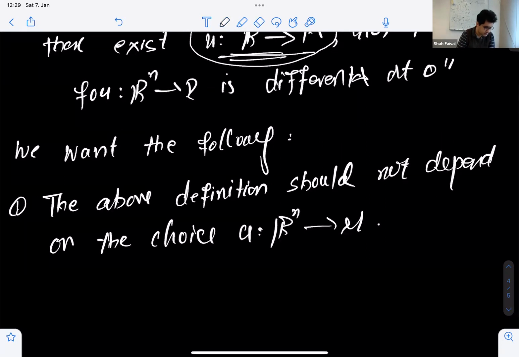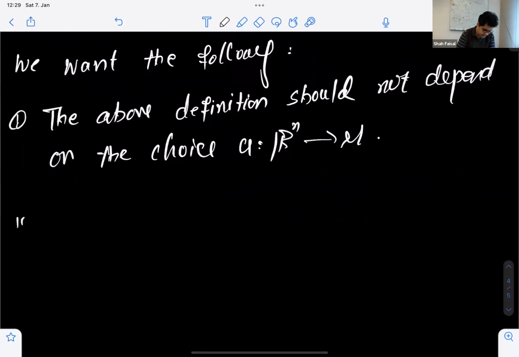Okay, that's one thing we want. Second thing is we want to define the calculus around every point.